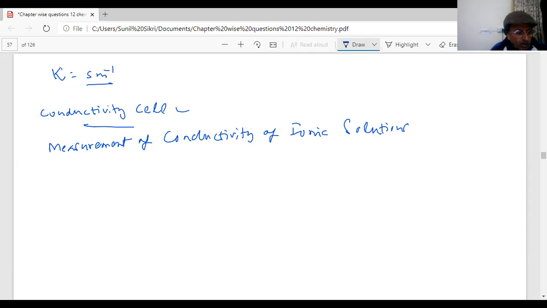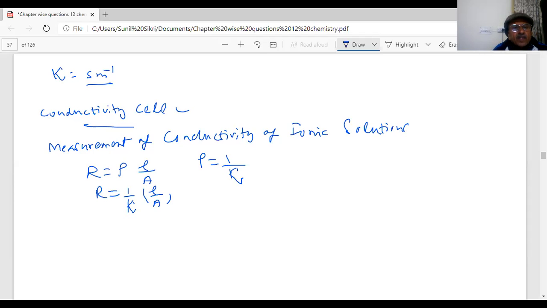And we have told you that R is equal to rho L by A, or we can write rho is 1 by conductivity, into L by A, students.